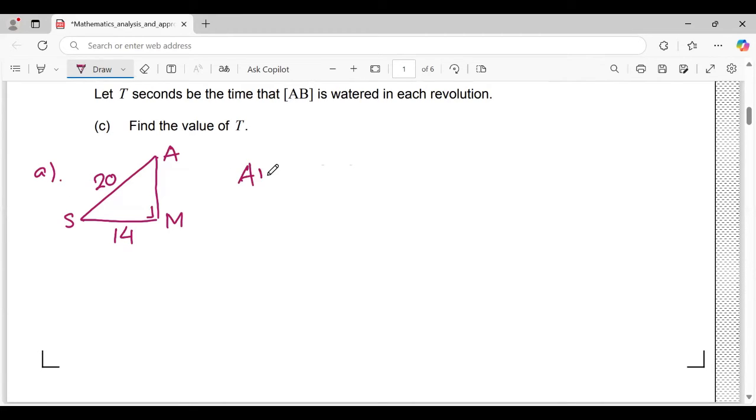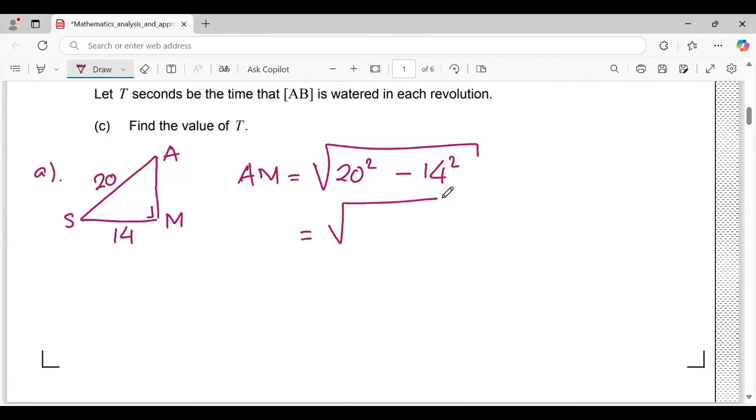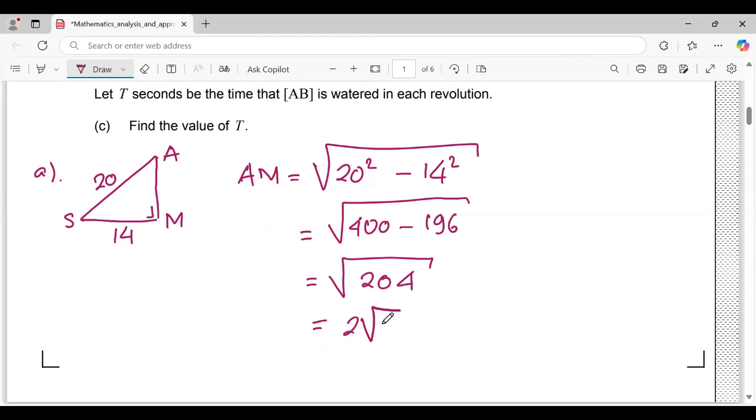So AM equals the root of 20 squared minus 14 squared, which is 400 minus 196. So it is 204, or we may simplify it to 2 square root 51. That is AM.